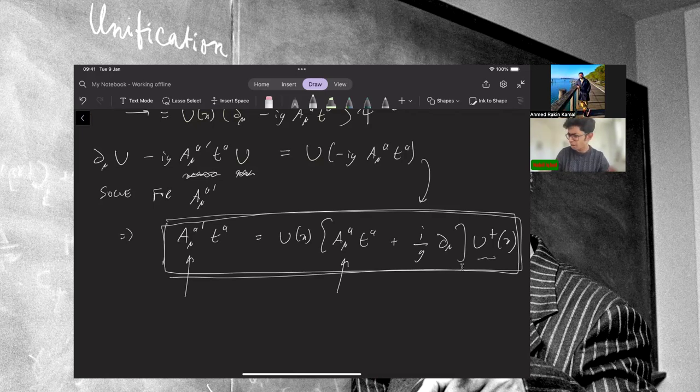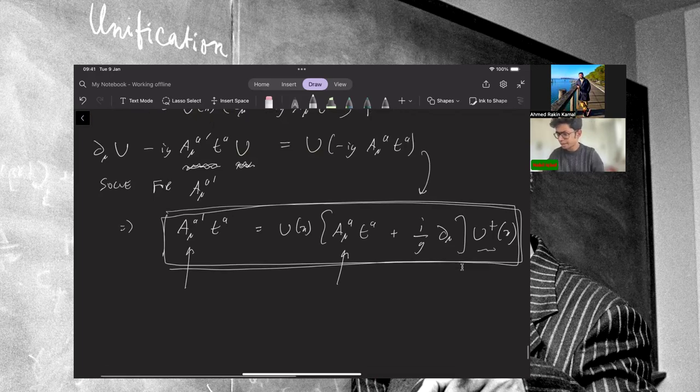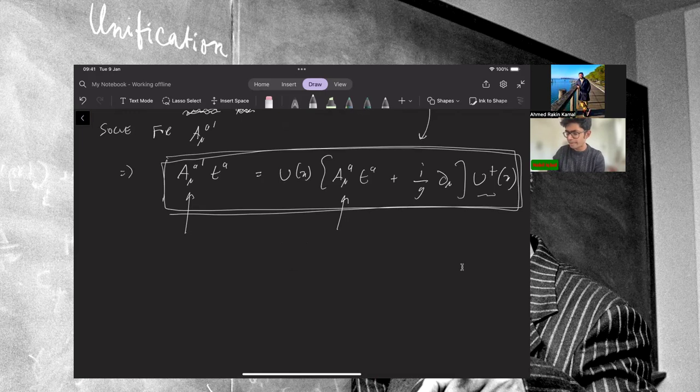Now, this is the most general formula. It's a little bit hard to visualize, I find. So I want to do a slightly more simple thing, but let's also now imagine an infinitesimal rotation. So imagine that we take u of x to be equal to the exponential of i alpha a of x ta, and then take alpha a to be small.